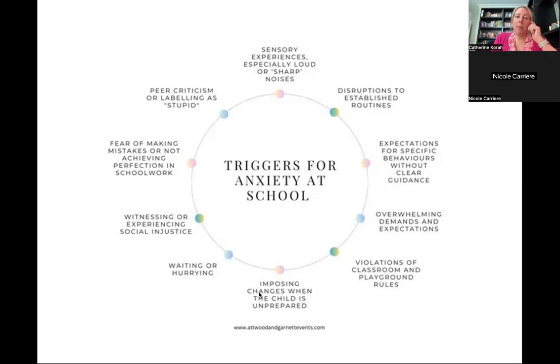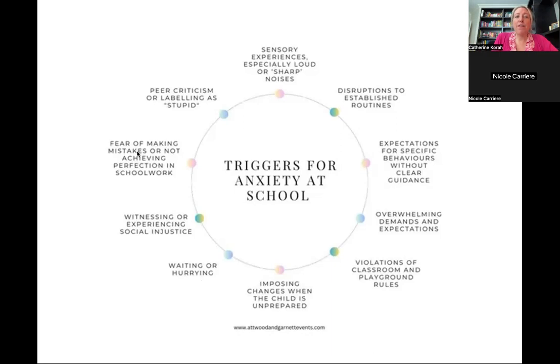That they are imposing changes with the child who's unprepared for those changes, that may be waiting too long or may be hurried too fast, witnessing or experiencing social injustice. That might be a certain trigger because they don't understand the nuances of that, and they're all in their emotions.